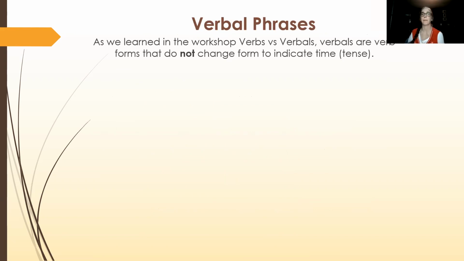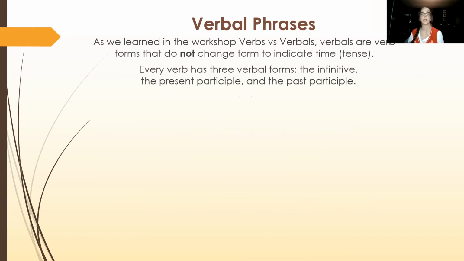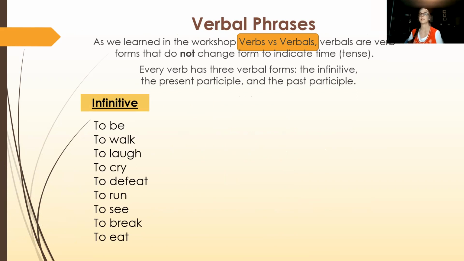As we learned in our workshop, verbs versus verbals, verbals are verb forms that do not change form to indicate time. In other words, they have no tense. Every single verb in the English language has three verbal forms: the infinitive, the present participle, and the past participle. The infinitive, those are the verb forms that always begin with to. This is just a little refresher course on the verbs versus verbals.